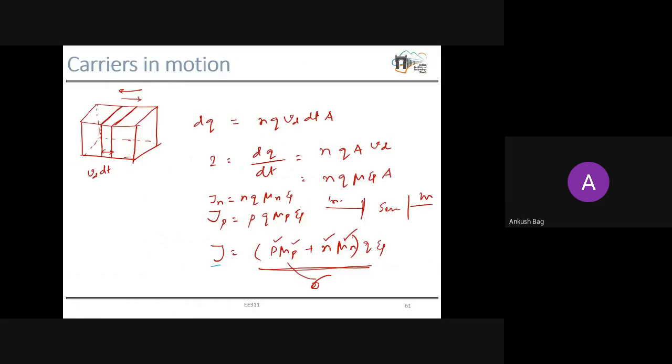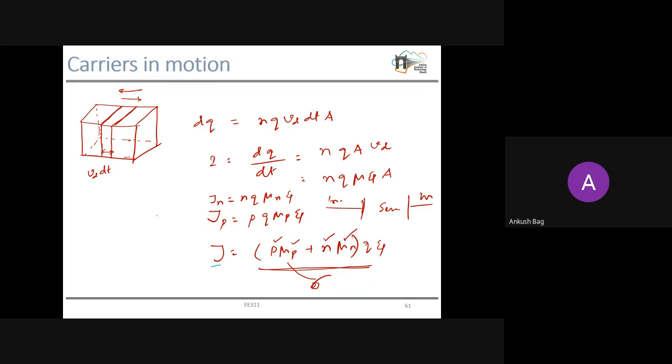Today we'll go a little deeper and look into more details of carrier transport. If you follow these classes properly, you will see that initially I give a broad overview, then I gradually dig into more and more details.